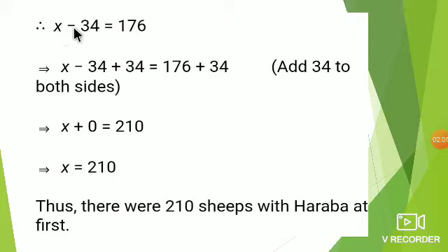To remove this minus 34, we should add 34 to both sides. x minus 34 plus 34 is equal to 176 plus 34. Minus 34 plus 34 gives 0. So x plus 0 is equal to 210. So x is equal to 210. Thus, there were 210 sheep with Harba at first.